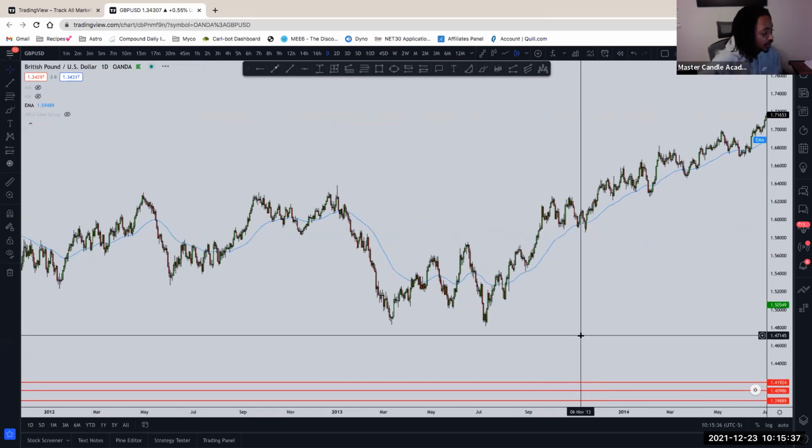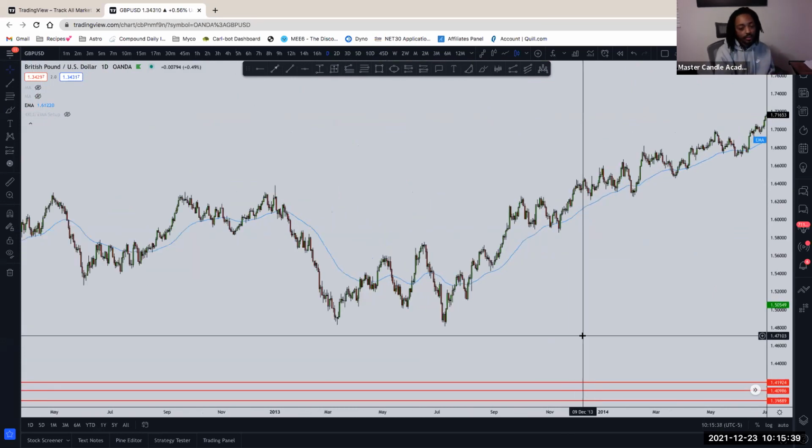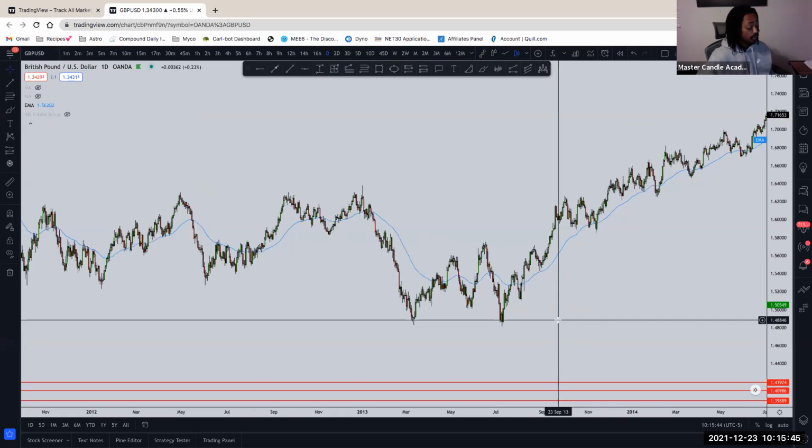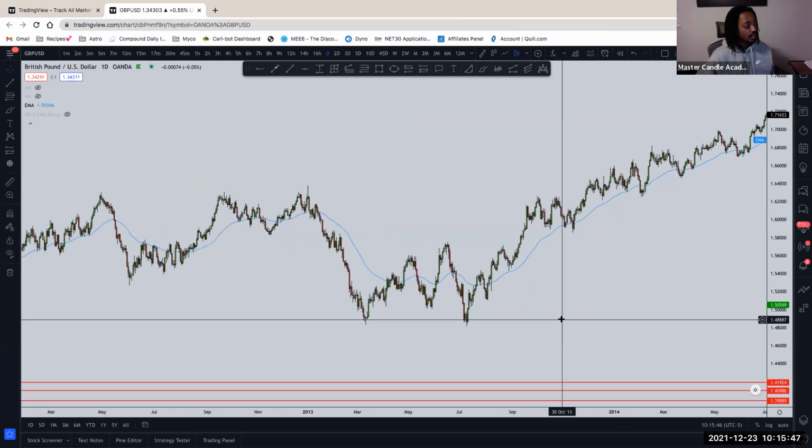Really doesn't matter where we are. We're going to see these patterns everywhere. To start, I will say when you are trying to identify where you are in the market, this is where we're going to be using TDA, right?